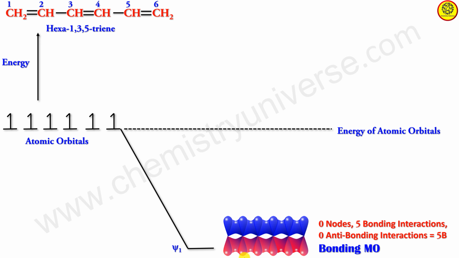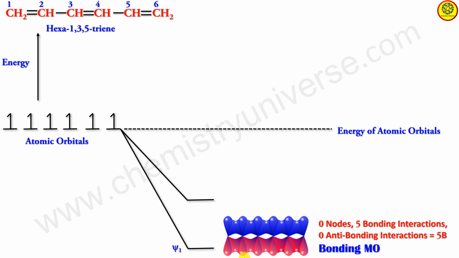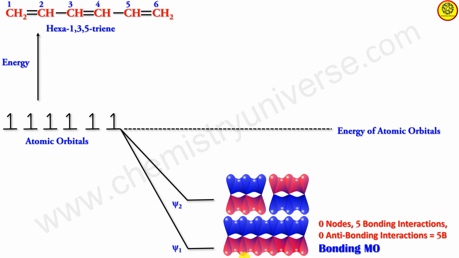The bonding MO and the anti-bonding MO are distinguished by the fact that the net in a bonding MO should be bonding. And if the net is anti-bonding, it will be called an anti-bonding orbital. So the next one, psi 2, this is how you can imagine that. As you can see, this is the place where the blue and the red meet, and therefore they don't interact. There is a node here. So we call this a nodal plane or a node.